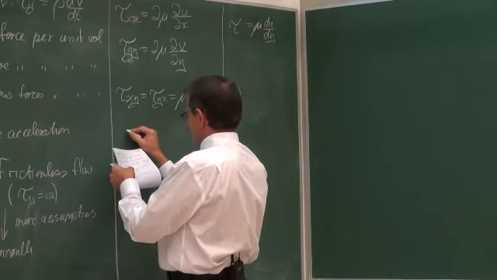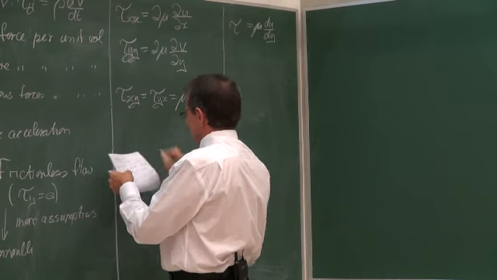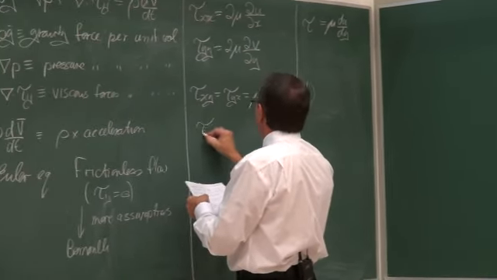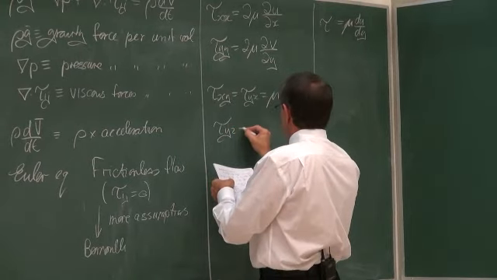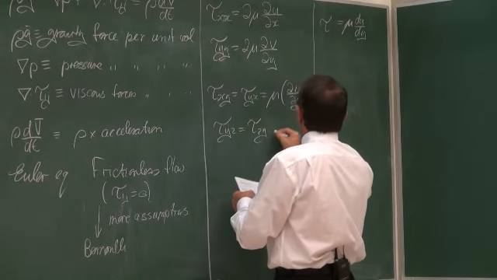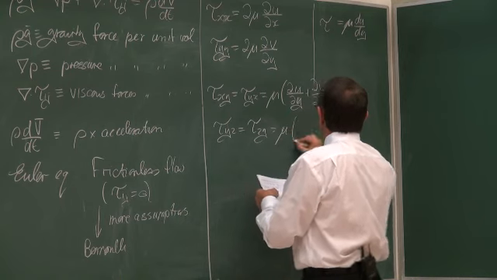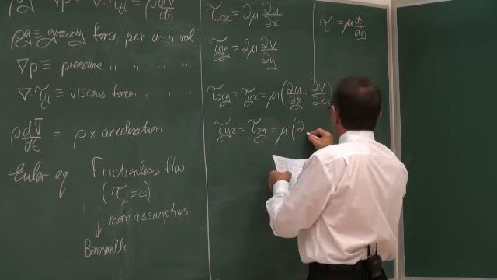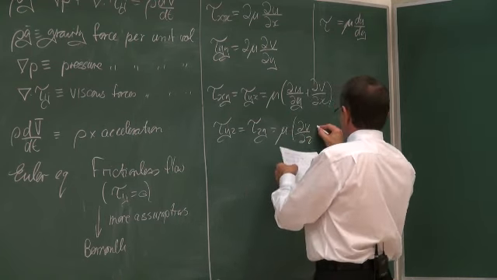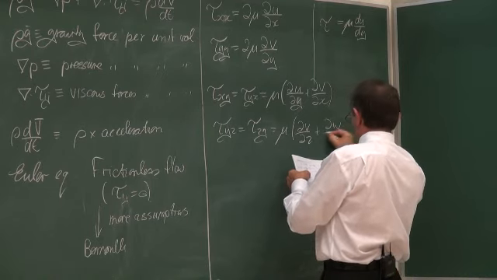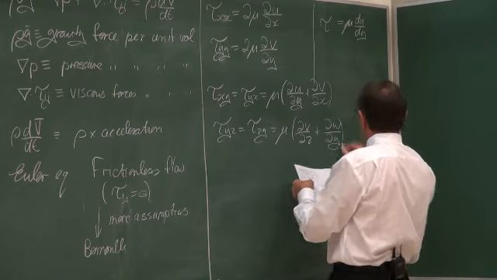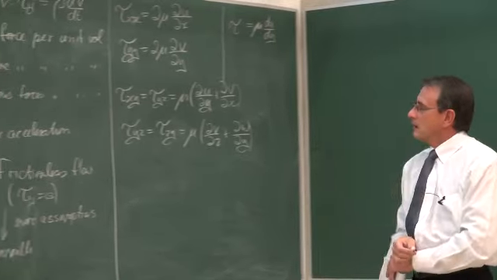And then tau yz, for example, is equal to tau zy, is equal to the viscosity multiplied by partial dv/dz plus partial dv/dy.